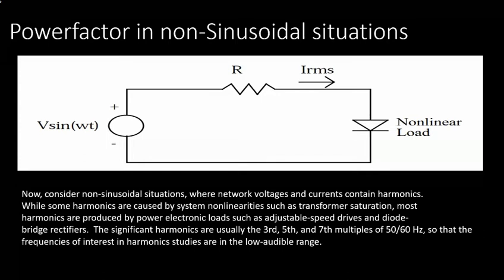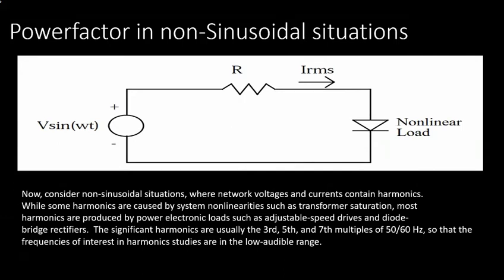Some harmonics can be and are caused by system nonlinearities such as transformer saturation, but most of the harmonics, as I previously said, are produced by power electronic loads such as adjustable speed drives, diode bridge rectifiers, and switch mode power supplies. And the significant harmonics amongst these are usually the odd harmonics, namely the third, fifth, seventh multiples of the 50, 60 hertz, so the frequencies of interest to us are typically in the low audible range.